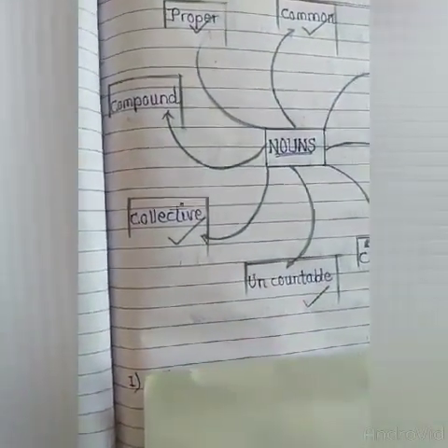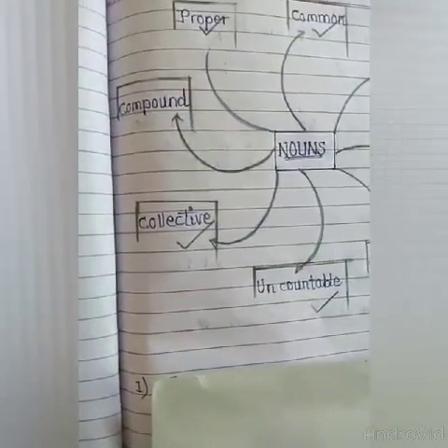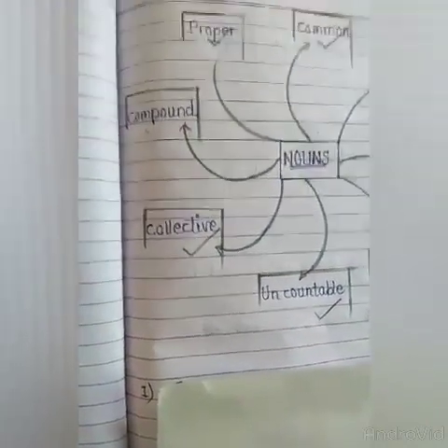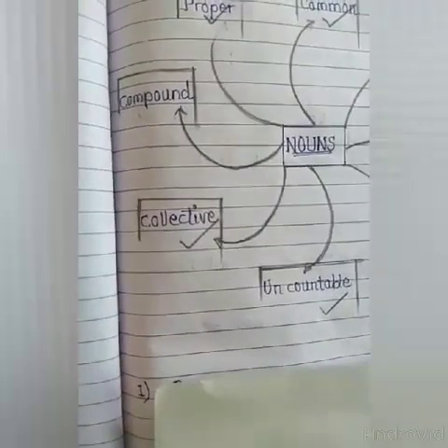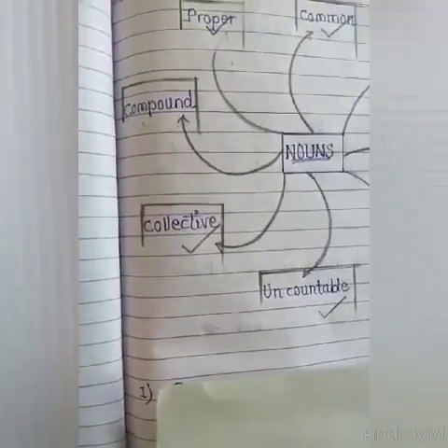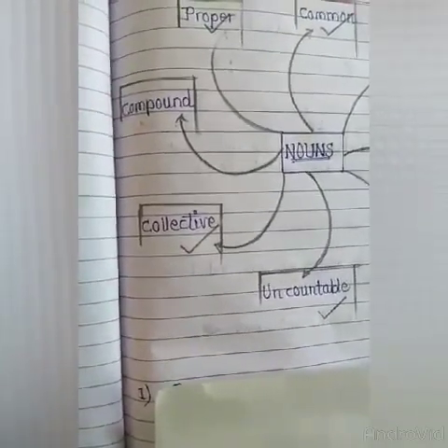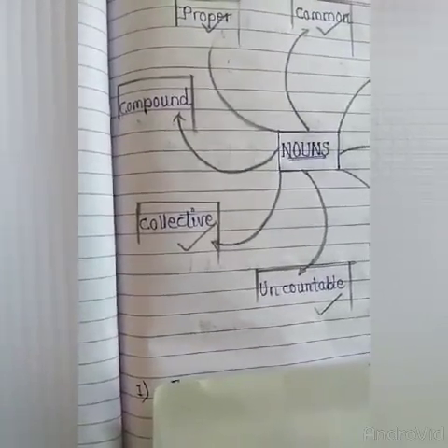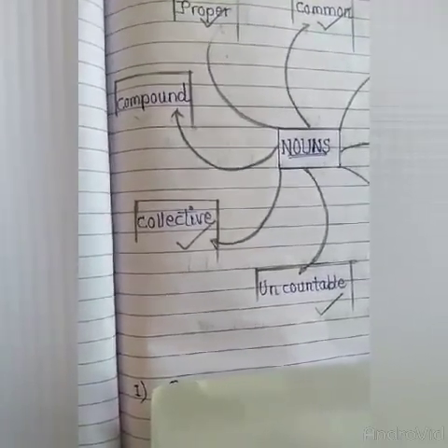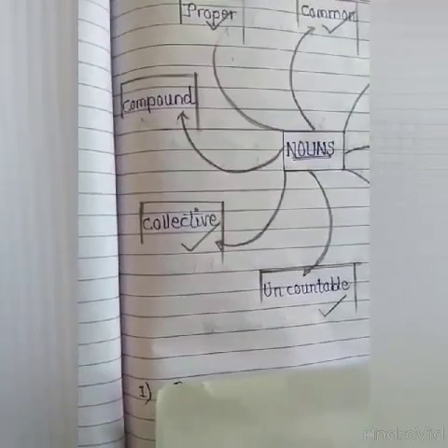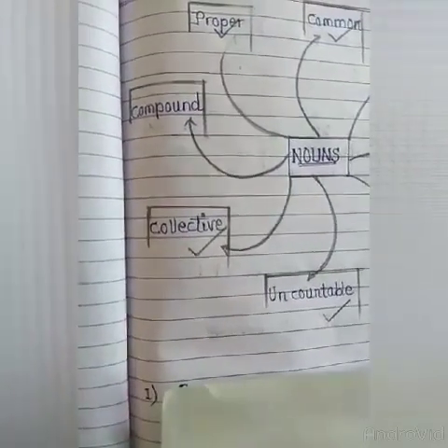Now let's move to collective nouns. Collective nouns are names for a collection or a number of people or things. It refers to a set or group of people, animals, or things. Words like crowd, army, bunch, group are collective noun examples.